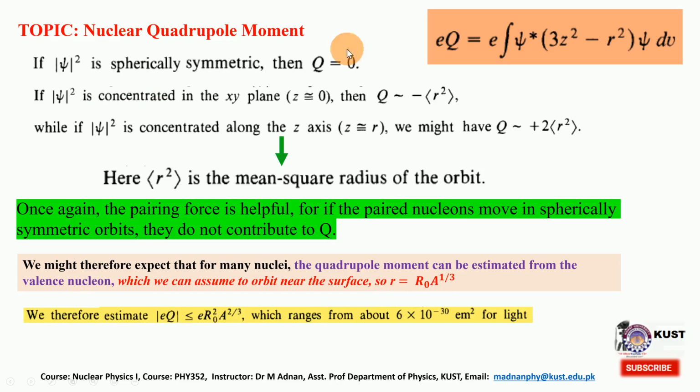So if we use r equal to r naught A to the power 1/3 for valence nucleons, the quadrupole moment, which by definition is equal to eQ, we need to put e, the charge, so that it is dimensionally correct.